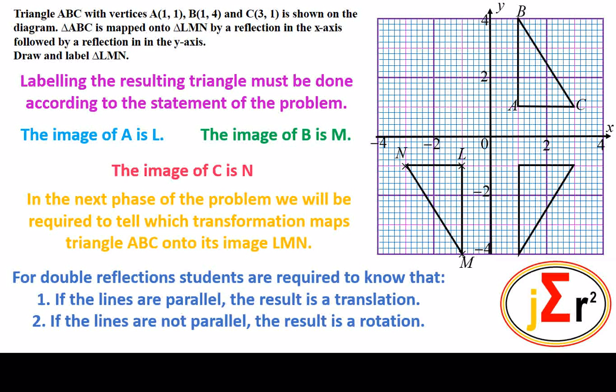So we know ahead of time that it is a rotation. As a matter of fact, if you did not know ahead of time that it is a rotation, you would be able to look at triangle ABC and LMN and still arrive at the conclusion that it is a rotation, because transformations have their particular properties that students should know. Going from here to here, a student might be disoriented by the transformation.